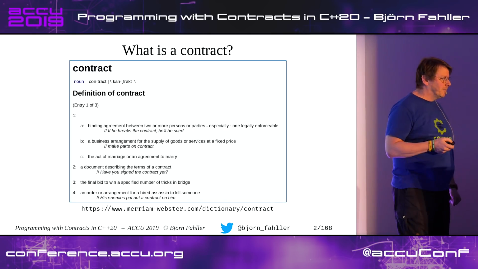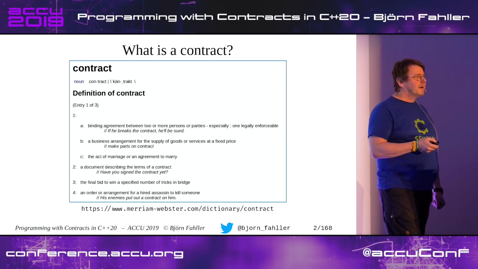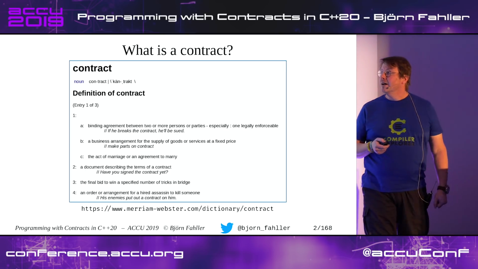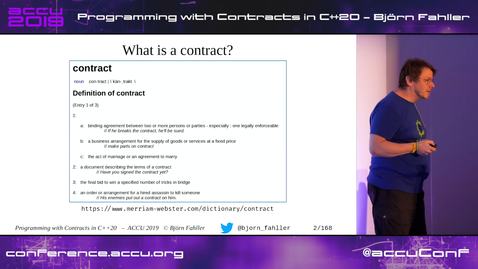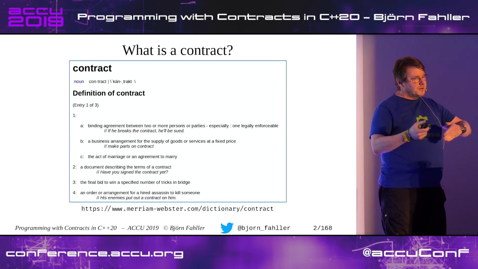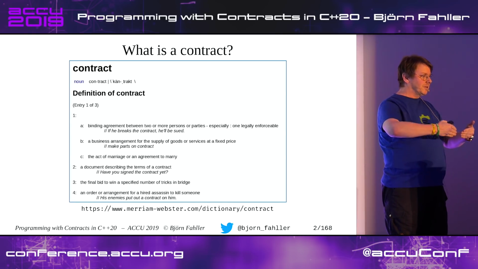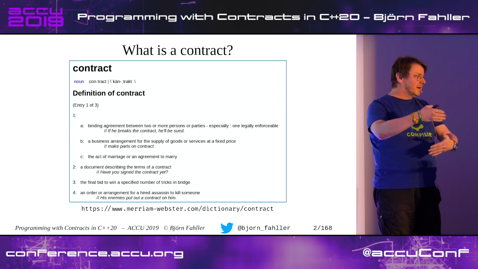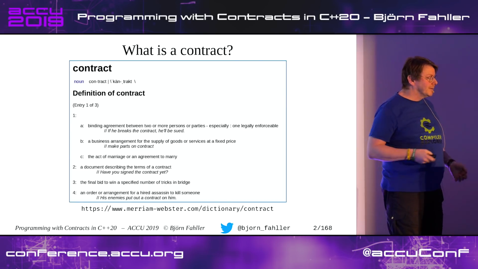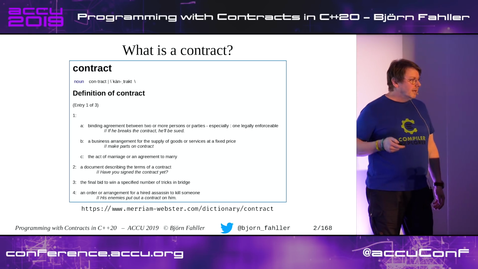We can give up that one. The act of marriage or an agreement to marry. I actually had no idea about that one. But then I'm not a native English speaker, so. A document describing the terms of a contract. So we sort of use the contractual terms and the actual document as interchangeable things. Okay, can be confusing if you're not careful, but that's it.